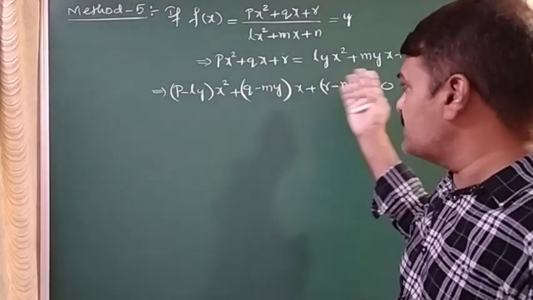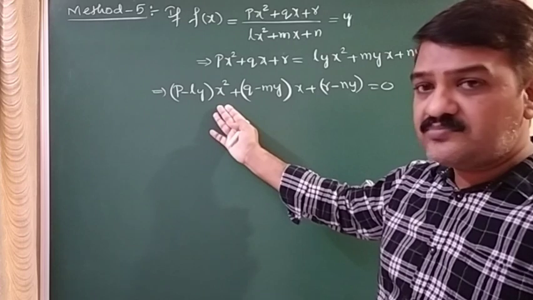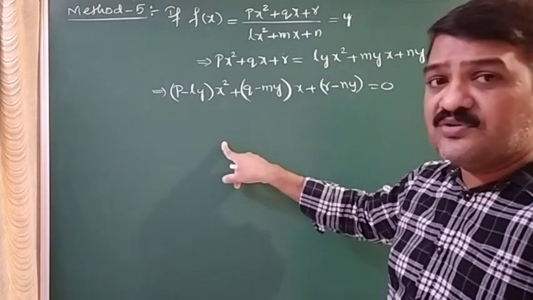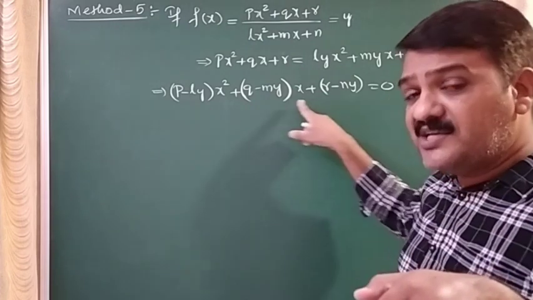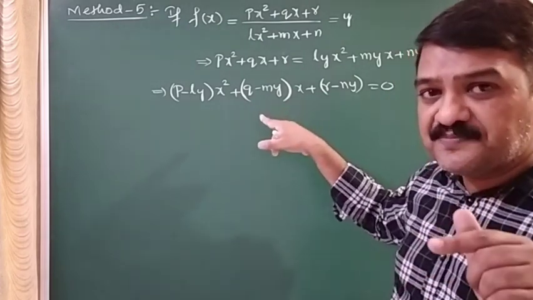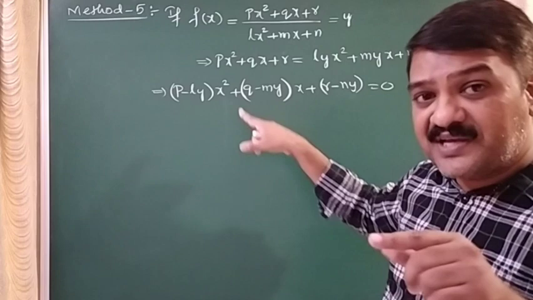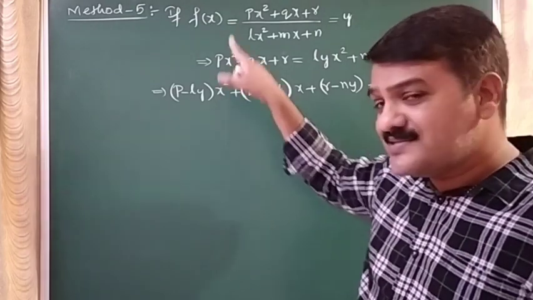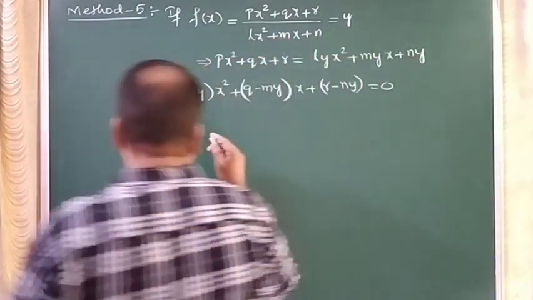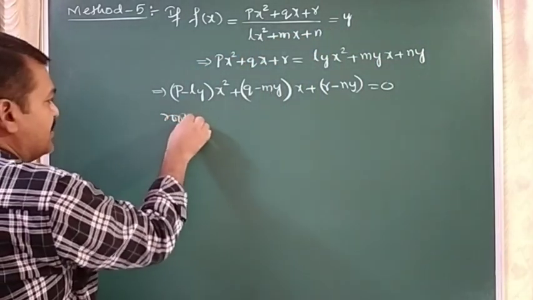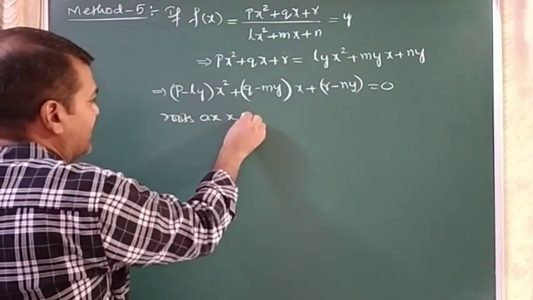The quadratic equation is in terms of x. X values satisfying this particular equation are said to be roots. But roots are x values only, no? And x is always real, no? So roots must be real only. So for this quadratic equation, roots must be real.